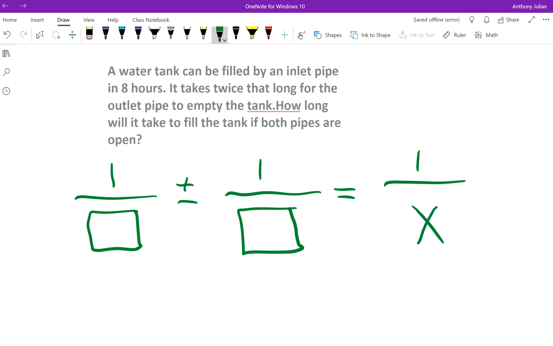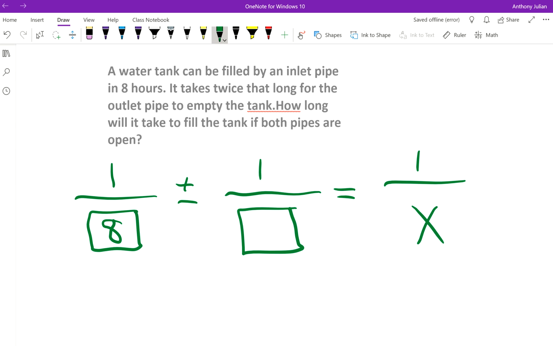Okay, so now what is it? A water tank can be filled by an inlet pipe in 8 hours. So this is going to be 1 over 8, because this 1 represents 1 hour of the job. What does it accomplish in 1 hour? It accomplishes 1/8 of the job.